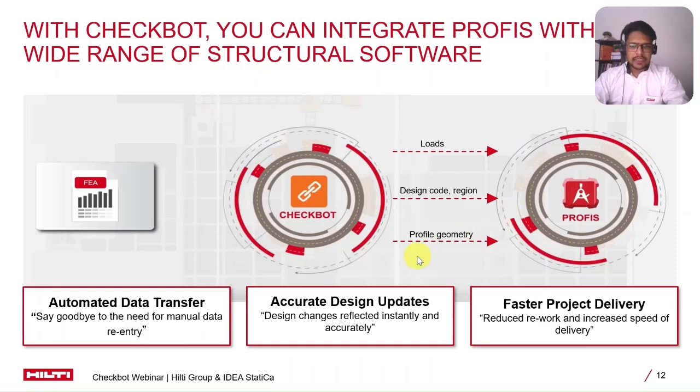All the design updates that we might have during the life cycle of the project in the design phase, we can handle those changes effectively. As a result, we can have faster project delivery because we are reducing the reworking time, the re-entry time. We are also making sure that the revision handling is done better. So definitely a faster project delivery is on the order.